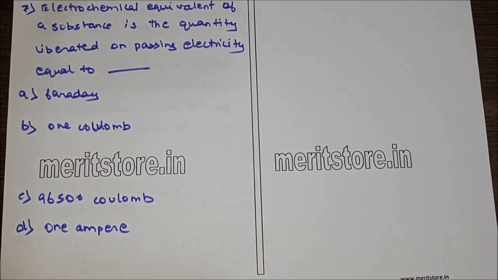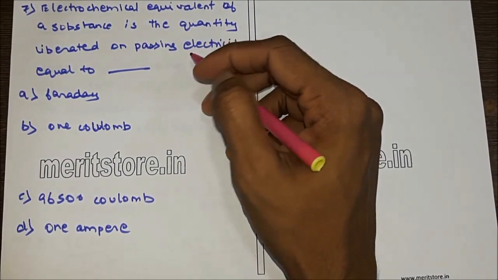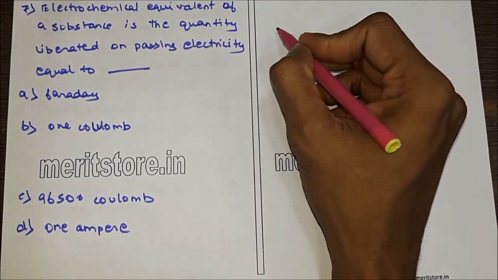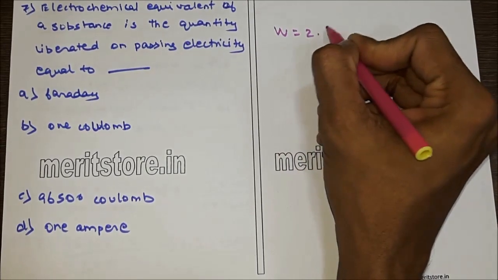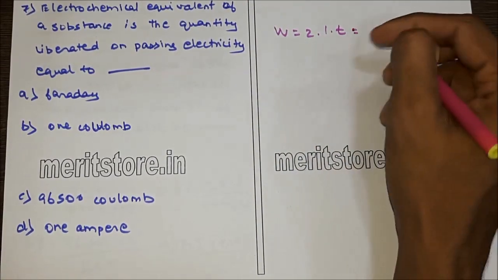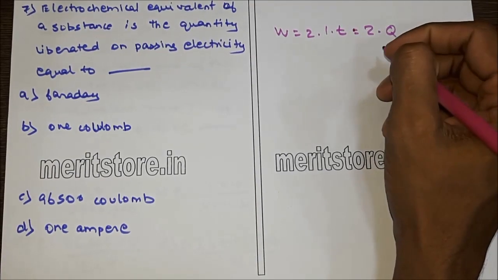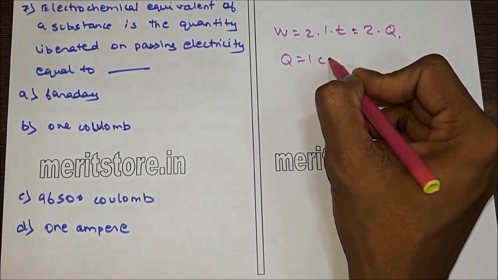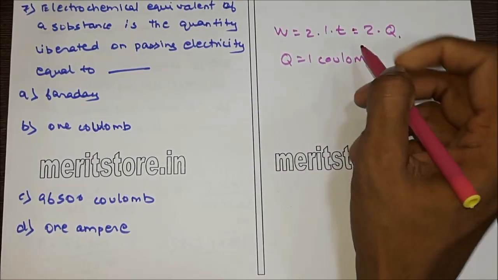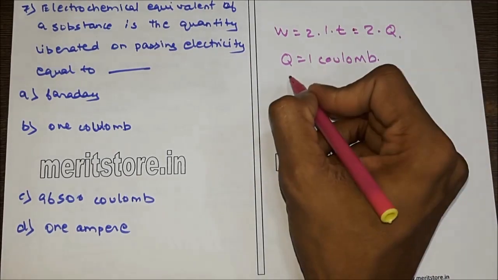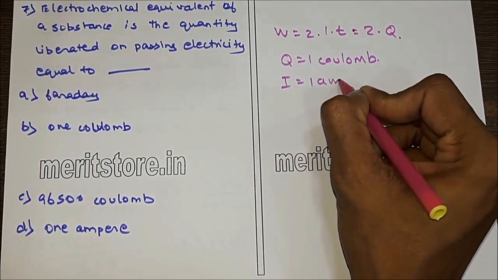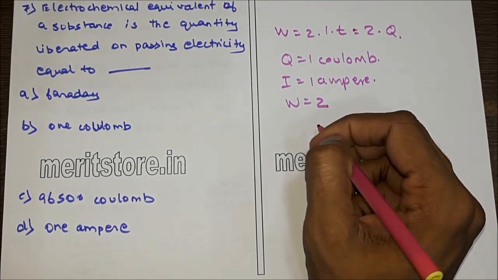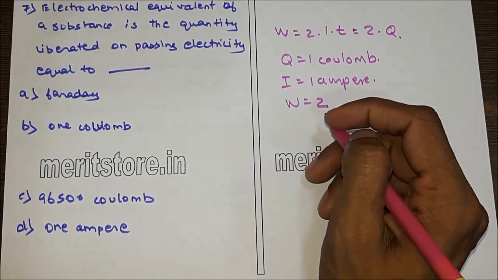Question 7. The electrochemical equivalent of a substance is the quantity liberated on passing electricity equal to, we are given four options. We have W equal to Z into I into T, where we take Z into Q. When Q is equal to 1 coulomb, that is, I equal to 1 ampere, W is equal to Z. Therefore, the amount of substance liberated is equal to the electrochemical equivalent.